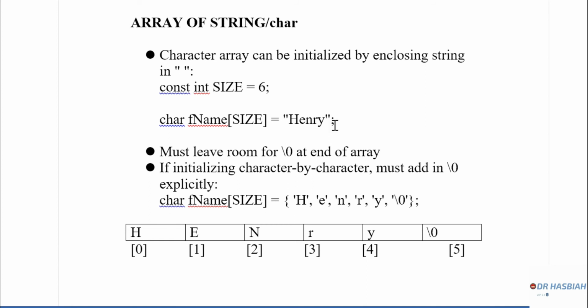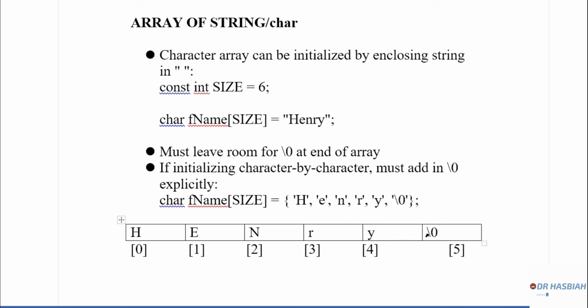So we can imagine in our computer memory we have 6 boxes, because the size is 6. You have 6 boxes, 1 2 3 until 6 here. But as I told you just now, the subscript must start from 0, so 0 1 2 3 4 5, but the size is 6.